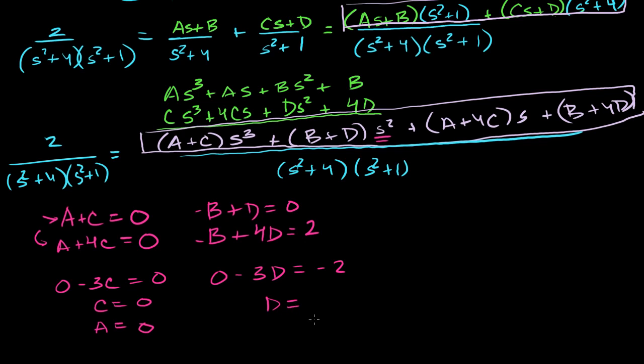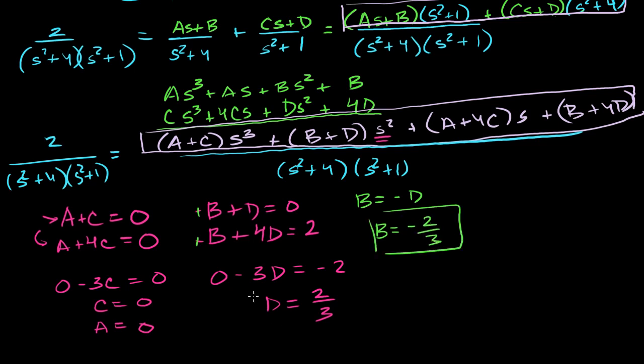D is equal to 2/3, right? Minus 2 divided by minus 3 is 2/3. And this isn't a minus here. I wrote that there later. We said b plus d is equal to 0. So b must be the opposite of d, right? We could write b is equal to minus d, or b is equal to minus 2/3.